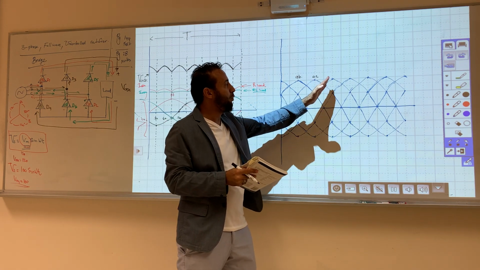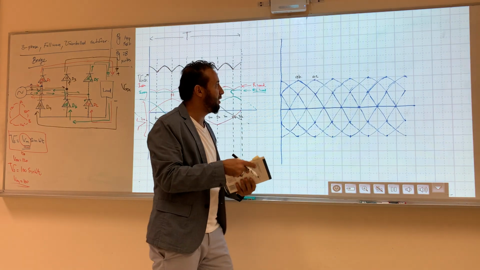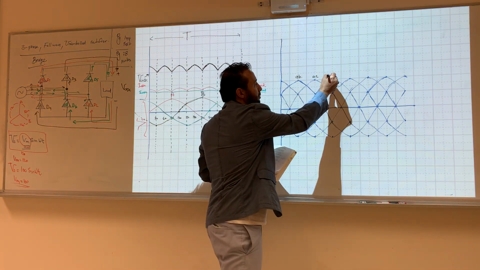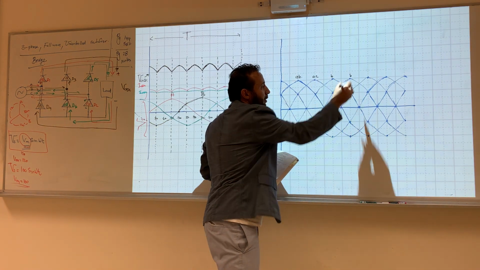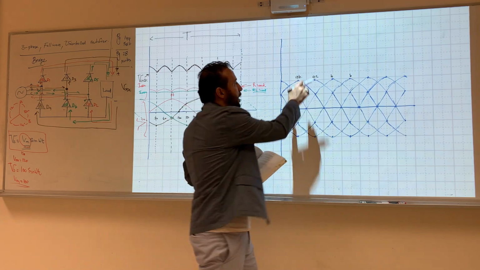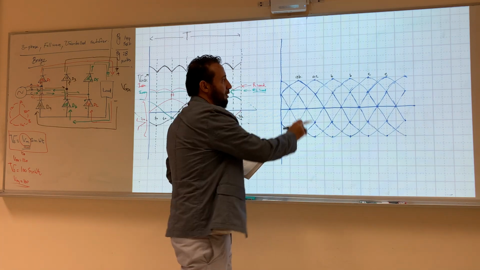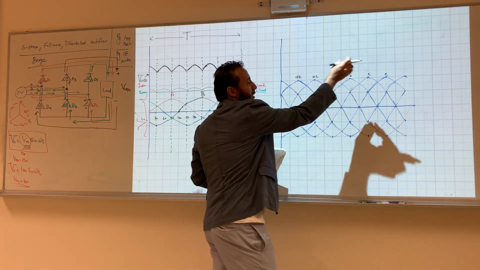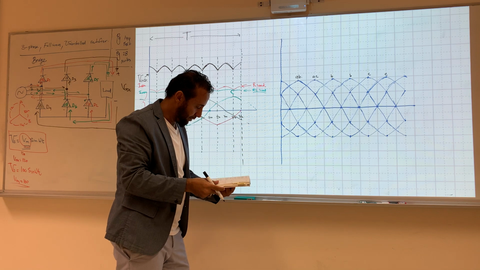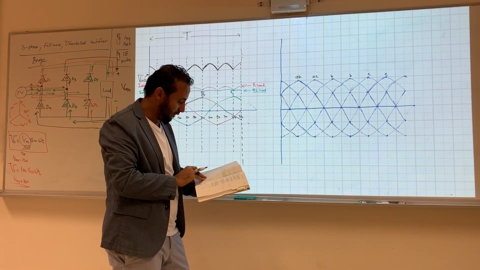Now B, C. Now which one will be repeated? C will be repeated. And B, actually B will be repeated 2 times. So A, B, B, and then C, C. Okay? A, B, B, C, C. That's what you will see if you look at it right there.